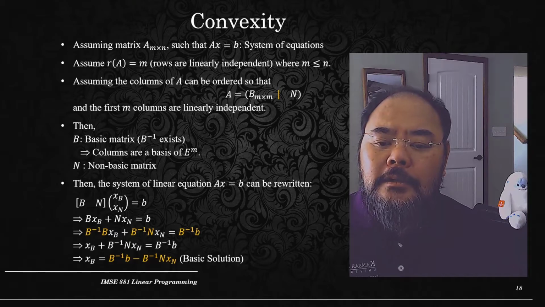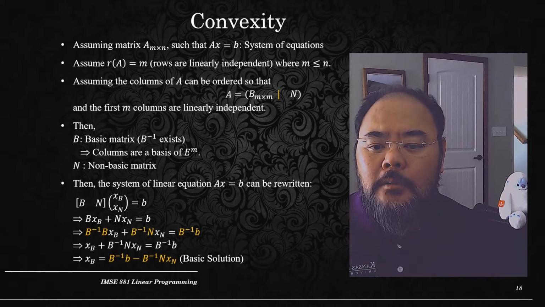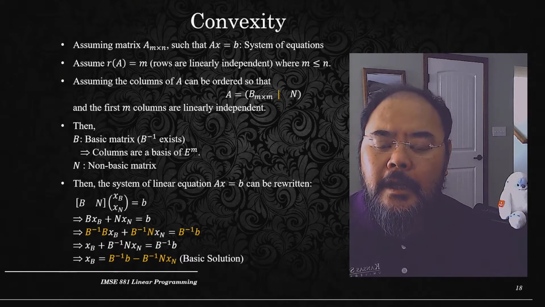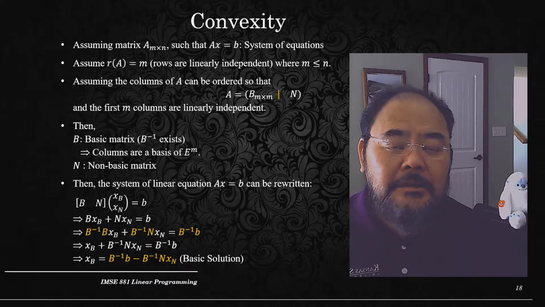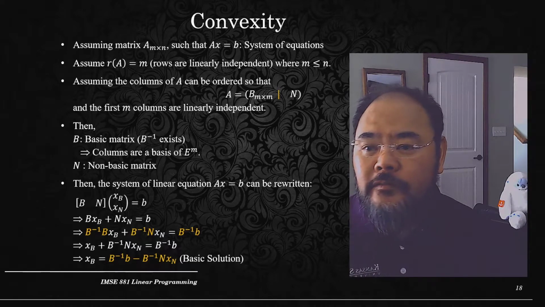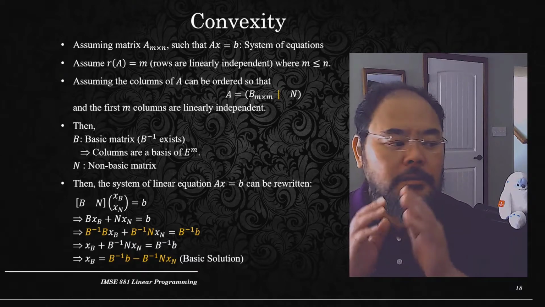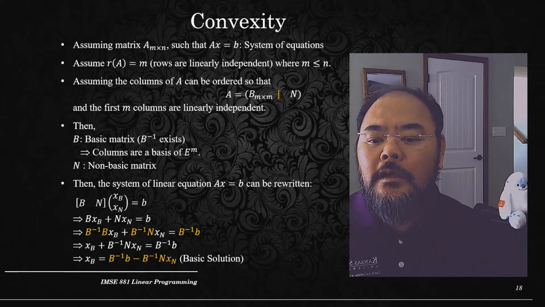Sometimes in our linear programming formulation, the number of rows, which is the number of constraints, can be more than the number of variables. In that case, what we usually do is add slack variables, surplus variables, or artificial variables to make m less than n. So we add one slack variable, one surplus variable, or one artificial variable for each one of the constraints, expanding the number of columns in the A matrix.